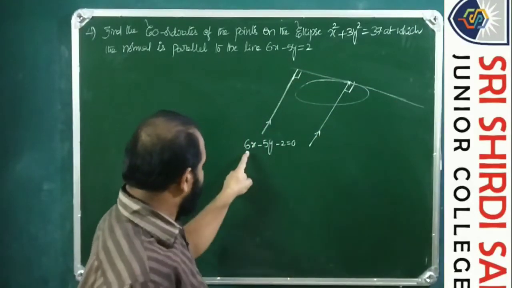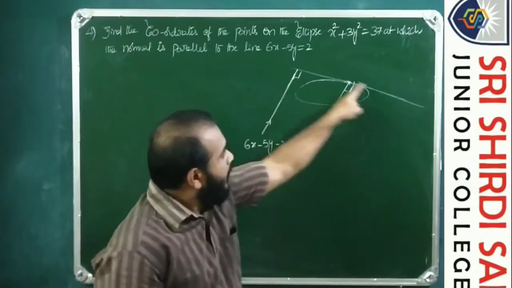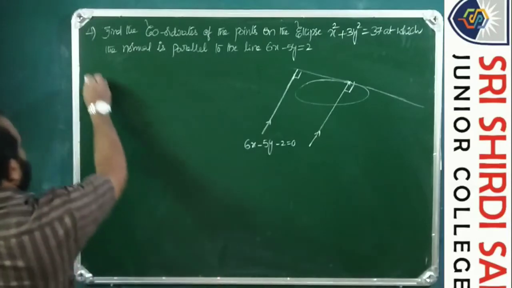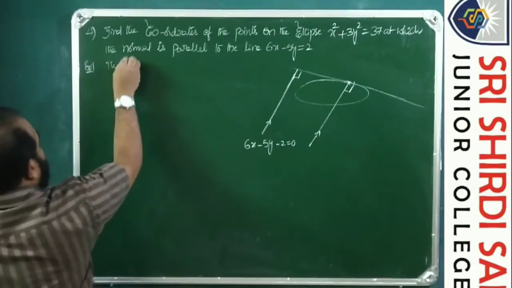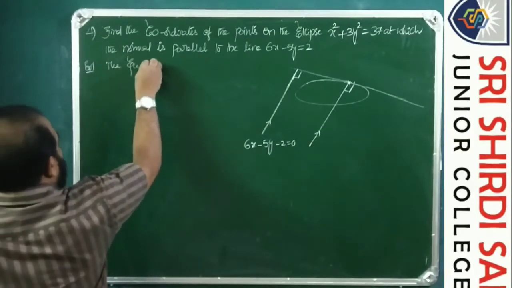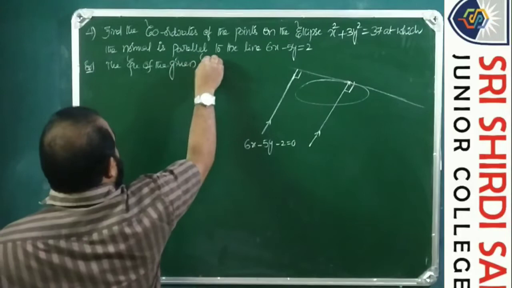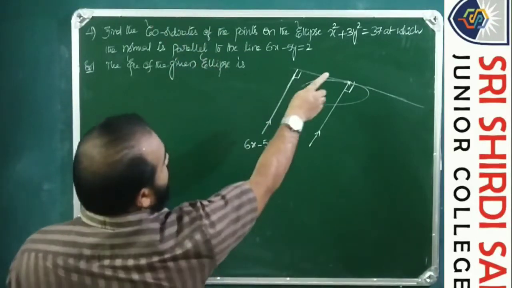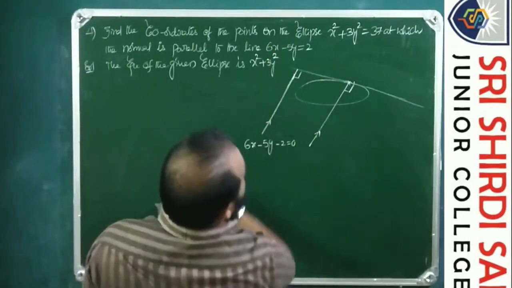Why not? Because if it is ax plus by plus c equals to 0, then this is bx minus ay plus k equals to 0. So the equation of the given ellipse is x square plus 3y square equals to 37.